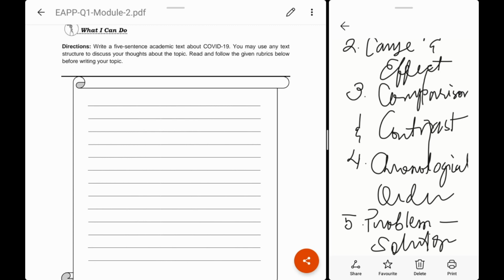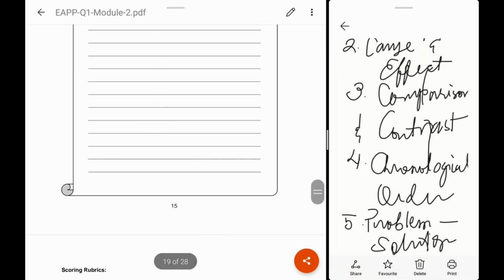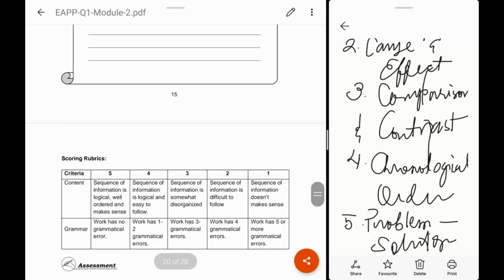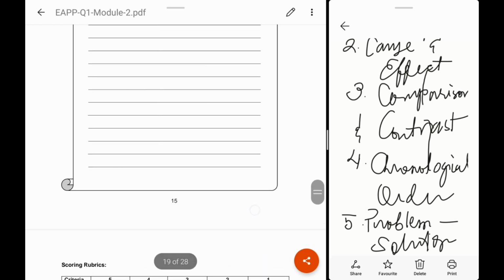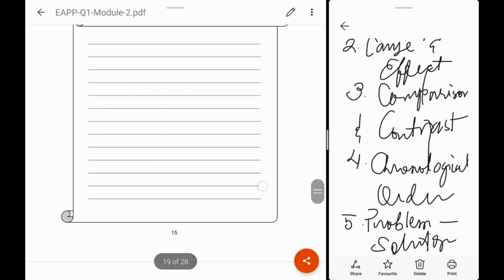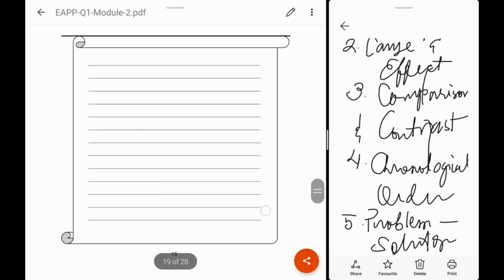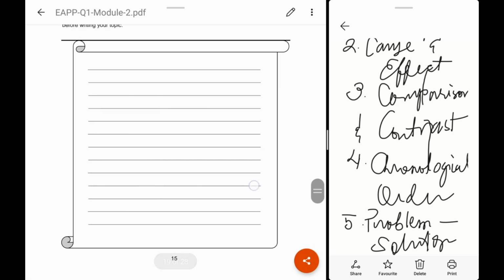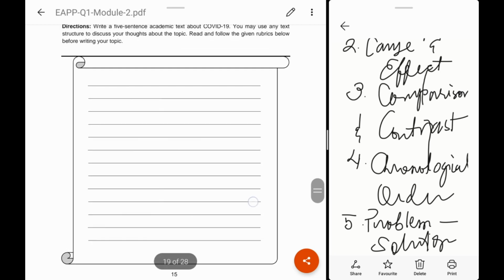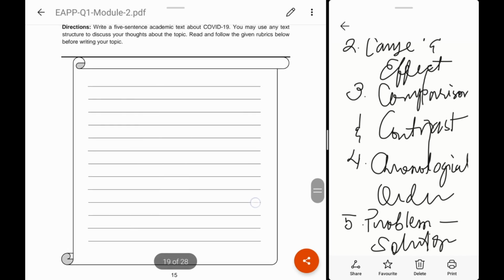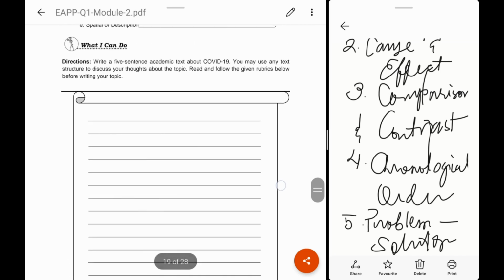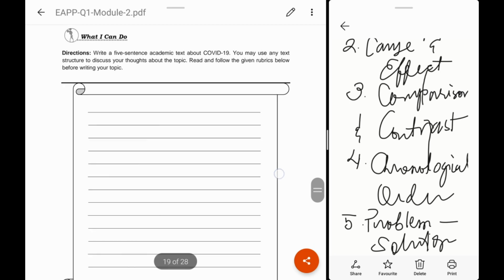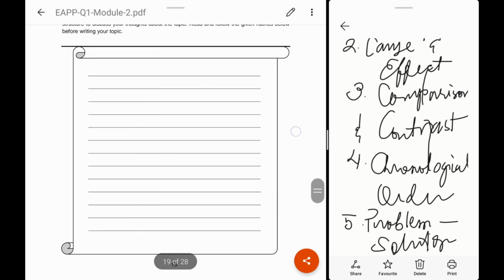I believe that other video will be very beneficial to you because that video talks about how you can write essays better. So I will be teaching you there how to write essays better. What are the techniques you can use in writing an introduction? What are the techniques you can use in writing the body? And then what are the techniques you can use to write the conclusion?